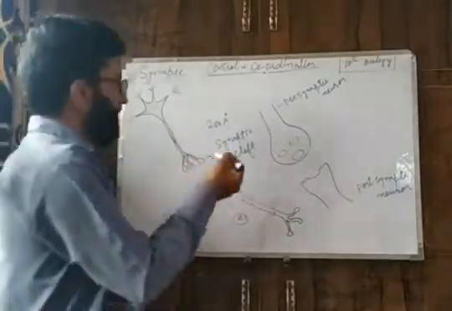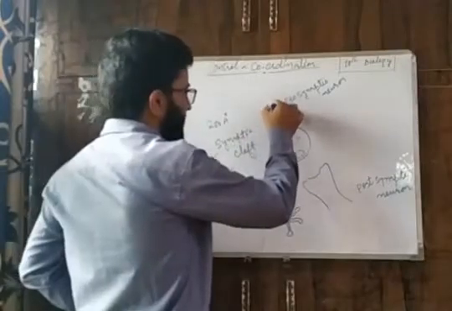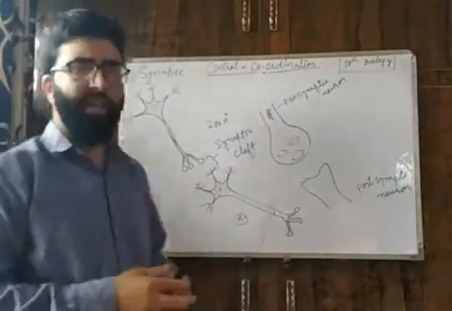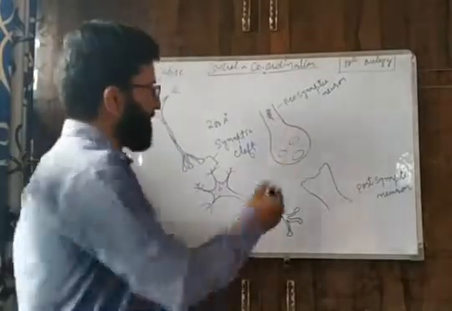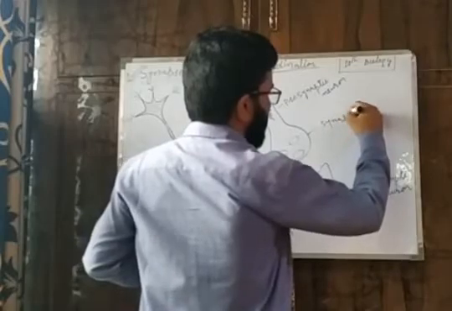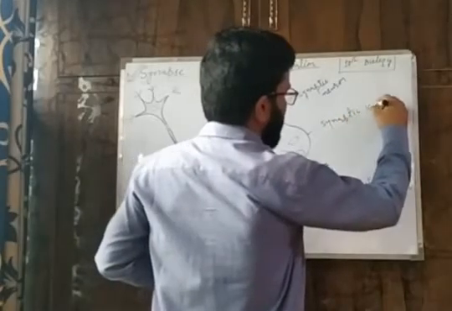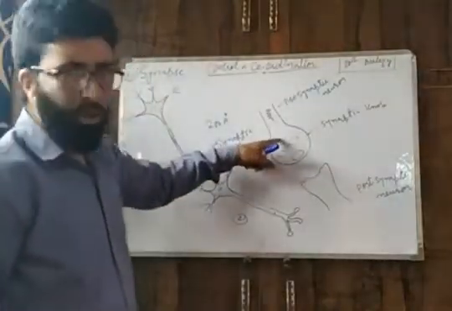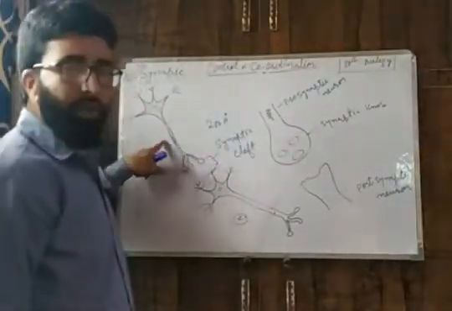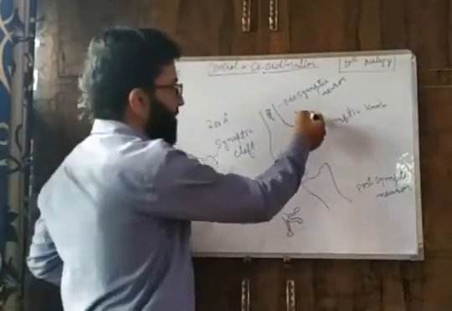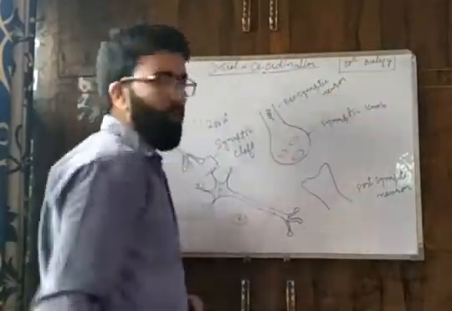Now the nerve impulse has reached the synaptic knob. This is the synaptic knob of the first neuron, which is called the presynaptic neuron.